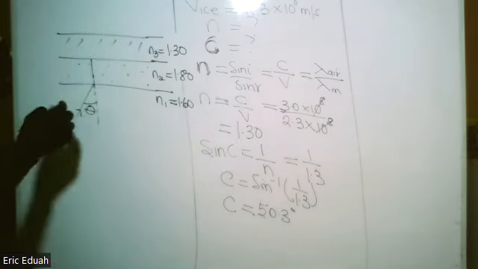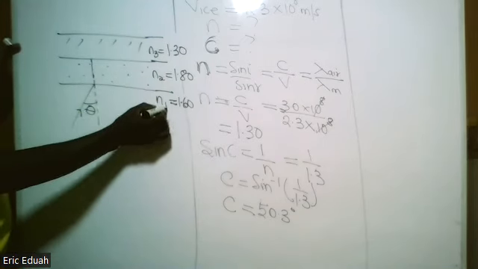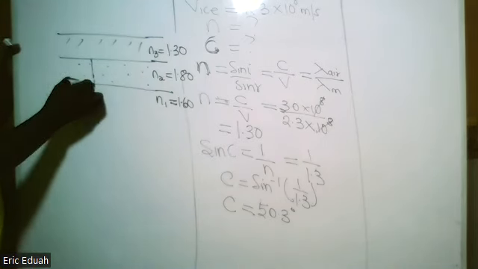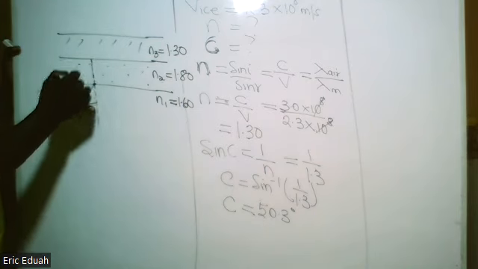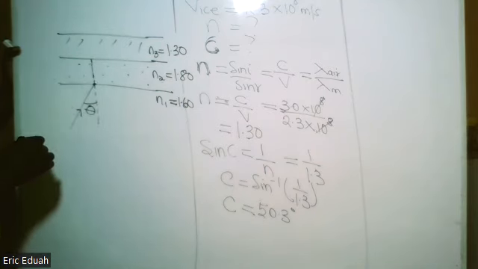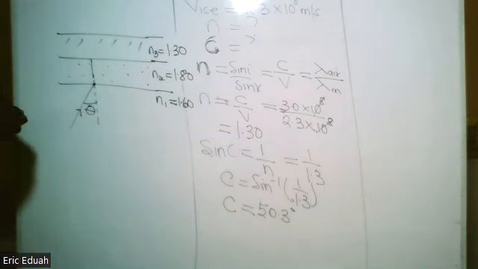So we realize that 2 is denser than 1. So when light enters the second medium, will it deviate towards the normal or away from the normal? Away from the normal. Why will it be away?